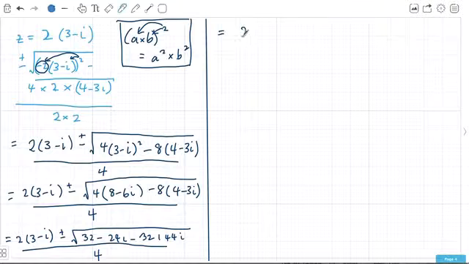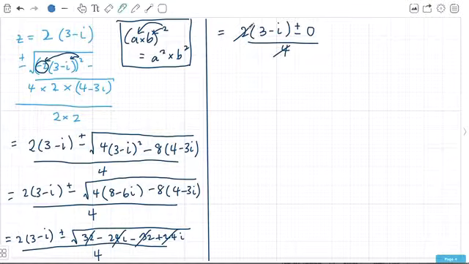So we've got 2 and 3 minus i left, plus or minus. All of this cancels. We've got 32 here and here, plus and a minus, and plus 24i and minus 24i, which cancel. So we've got a 0.